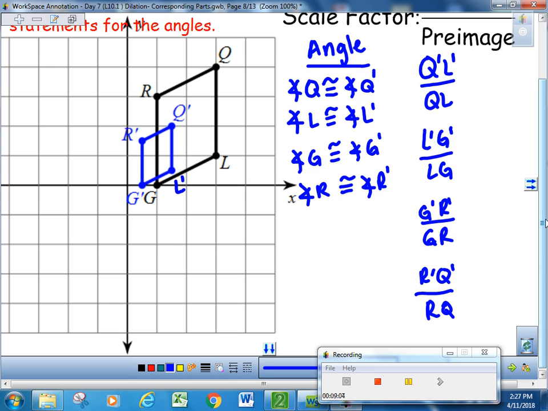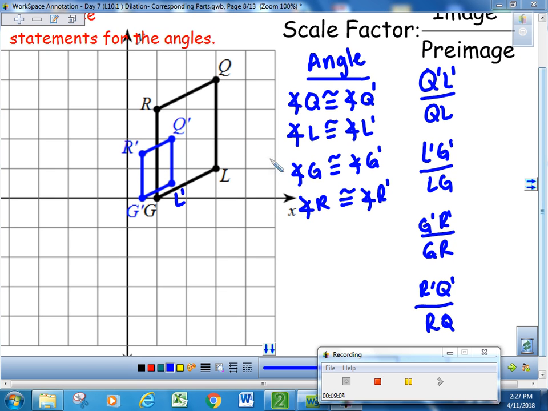Are there any horizontal or vertical sides? There's two vertical. Count the units. 1.5 here, so I put 1.5, and then QL is 1, 2, 3 units.